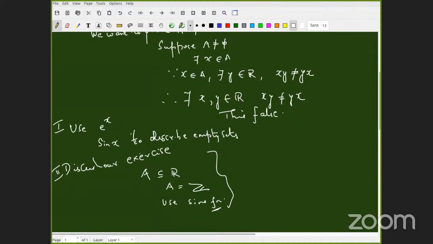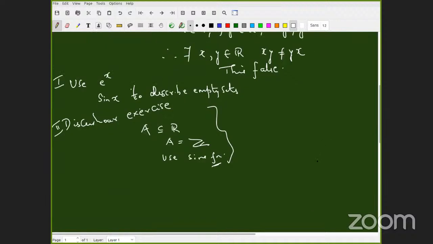Nothing other than that. All the set of all integers. Okay. Draw a picture, have an idea, and try to get it. Do it last. This is the discussion hour exercise. Do it if you have time. Otherwise, take it as a home exercise.